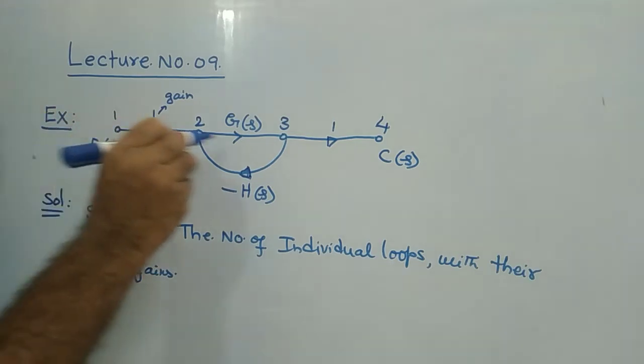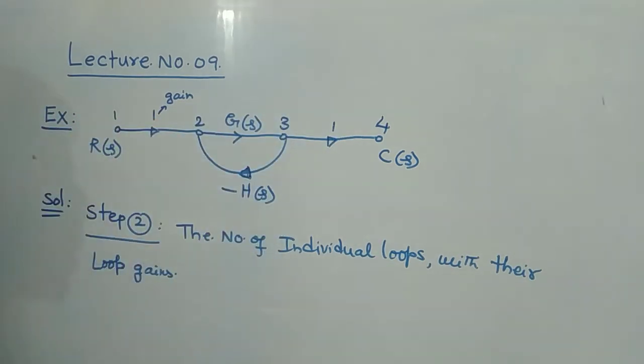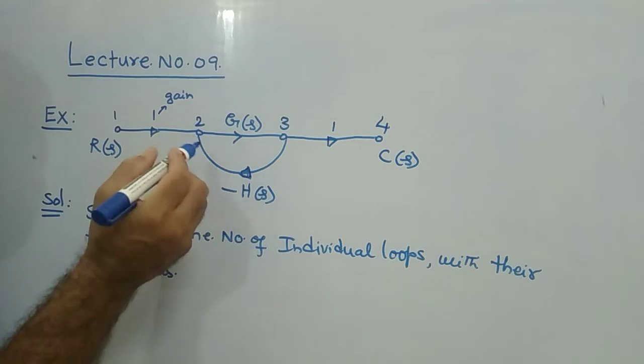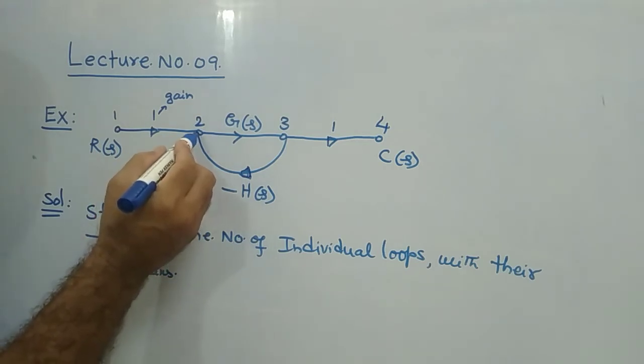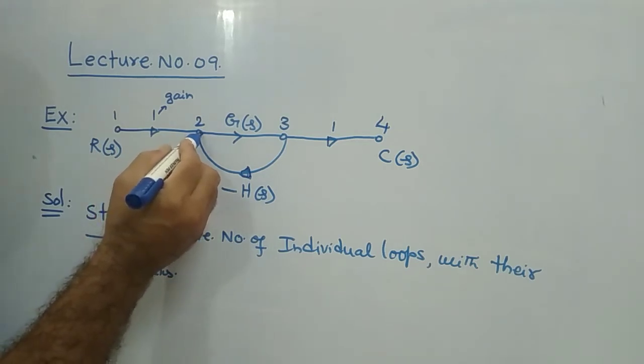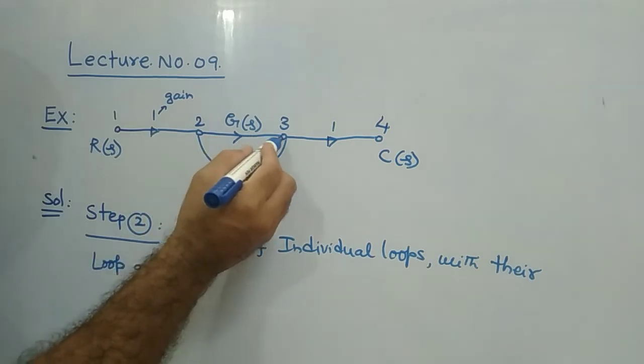So, as far as the given signal flow graph is concerned, what are the individual loops available in the given problem? You have to identify the individual loops. I already explained in my previous presentation what a loop is. For example, from node 2 the path goes in the forward direction up to 3.